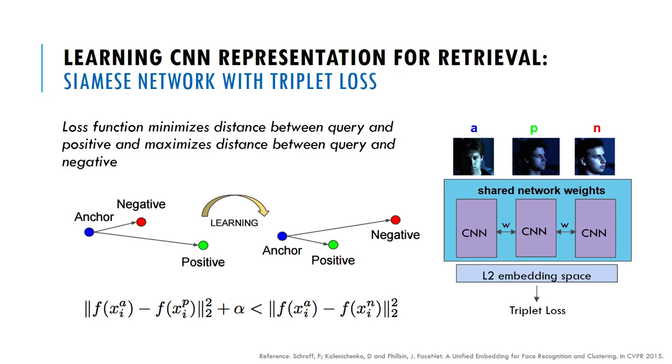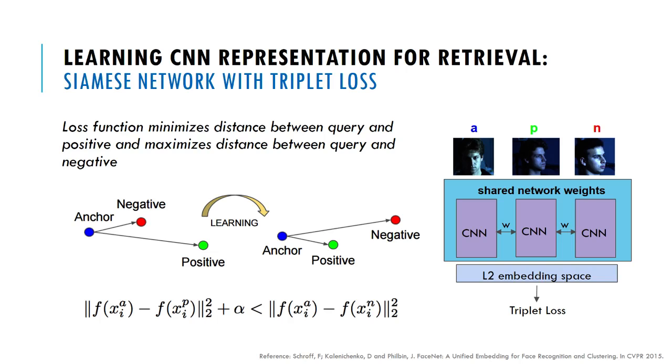So we're going to provide three streams to this network, and the expected output is that the negative examples will be further away from the anchor and the positive ones will be closer. This is a better way to go about it than the Siamese network, although the Siamese network can take a positive pair and a negative pair, by providing all of them at once it does give a better result.